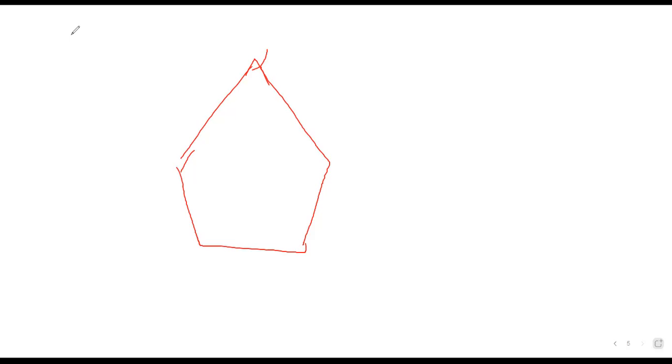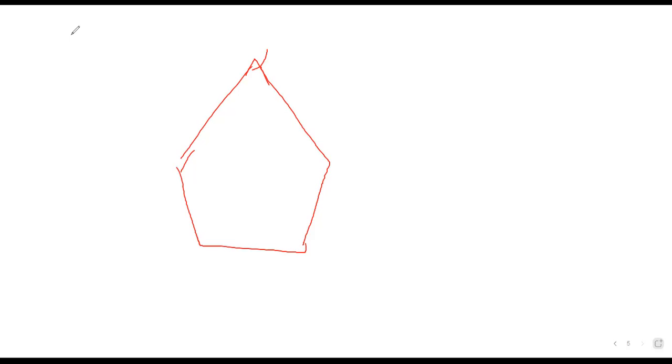I'm sure that you are getting the statement. What I mean to say, once again, for easy understanding, I am just repeating in simple words: this is a pentagon. One more pentagon is overlaid on it. How many points of intersection at most can we find?